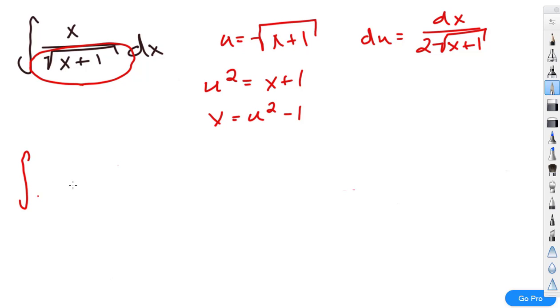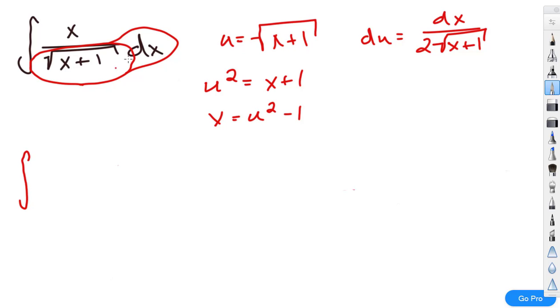So for this square root of x plus 1 and this dx here, that's this over here, right? Only I forgot to move the 2 over.